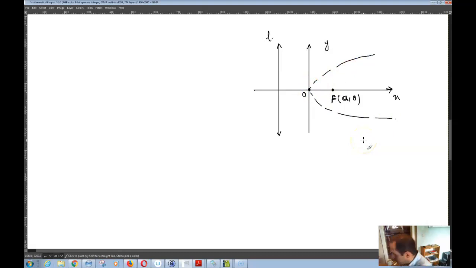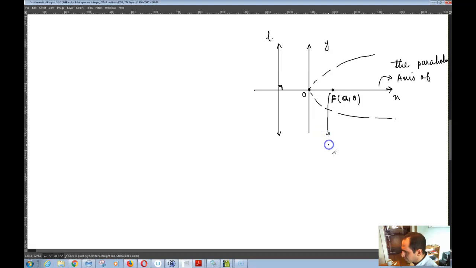Then a line through the focus and perpendicular to the directrix, which is essentially the x-axis in this case, is called the axis of the parabola. So this is the axis of the parabola.